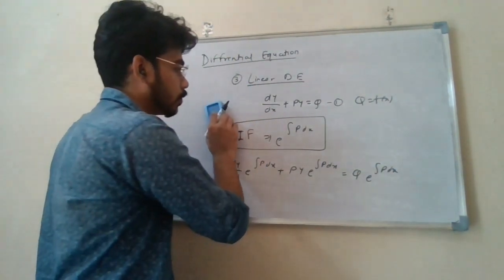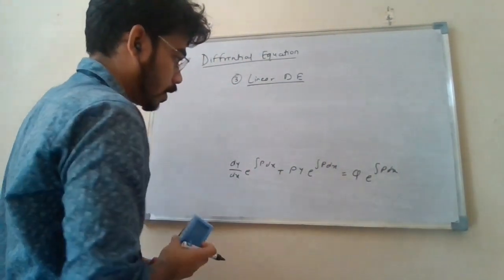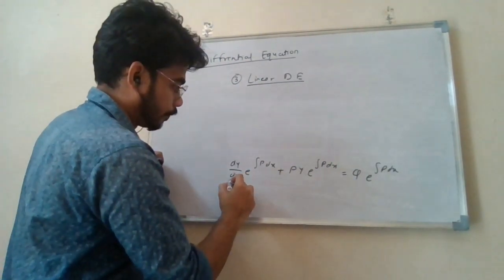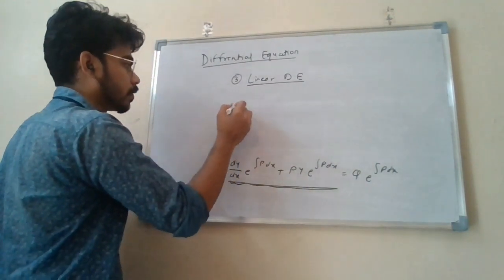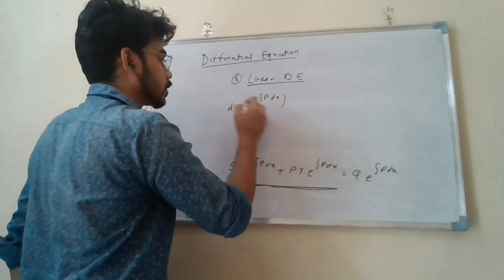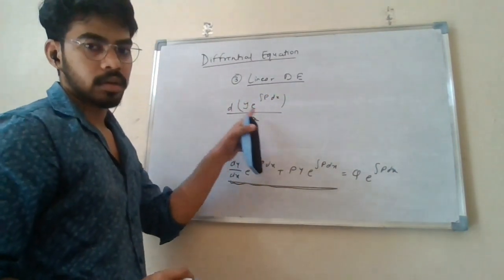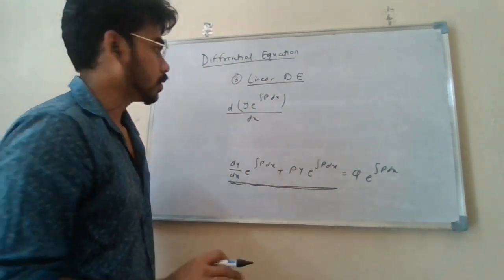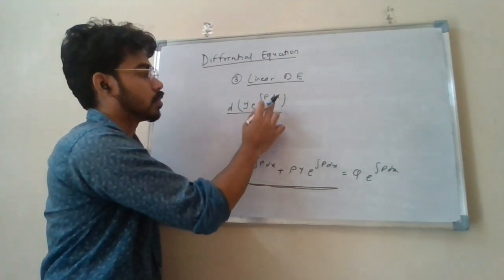Then what will we get here? Look at this term. This is the derivative of y into e to the power integration of p dx, by dx. If we expand this derivative, then what will we get? This y is a function of x, and this term is also a function of x.